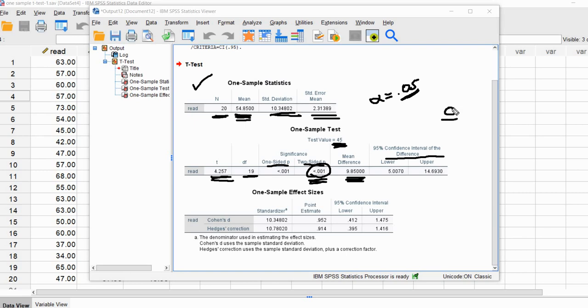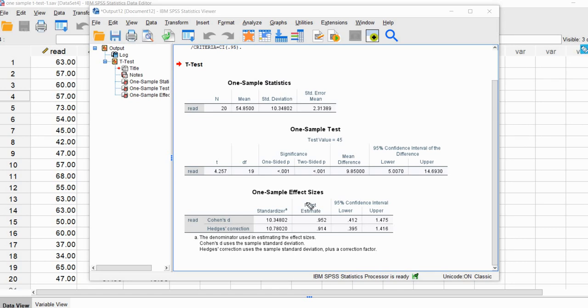So what we can do is say if 0, which is no difference, falls between the lower and the upper bound of this confidence interval, then that would lead us to maintain the null hypothesis and infer that there's no difference in population means. If 0 falls outside of the lower and the upper bound, then that would lead us to reject the null hypothesis and infer that there's a difference in means. And so because the 0 that we have right here falls outside of the lower and the upper bound, that's going to lead us to reject the null hypothesis.